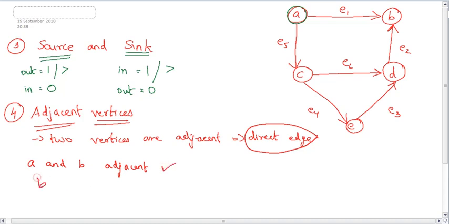Are B and D adjacent? Yes, there exists a direct edge between them. Are C and B adjacent? No, C and B are not adjacent. As you can see in the graph, C can approach B with the help of D, but C doesn't have a direct edge to B. Therefore, C and B are not adjacent.